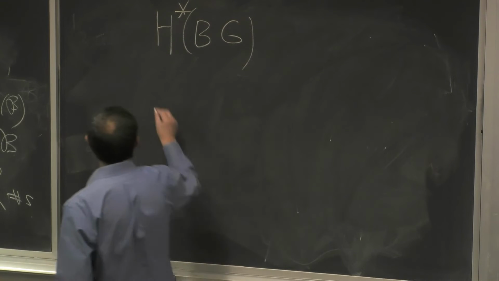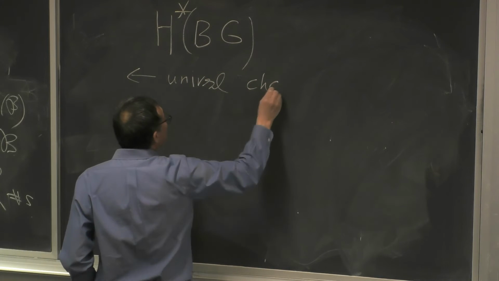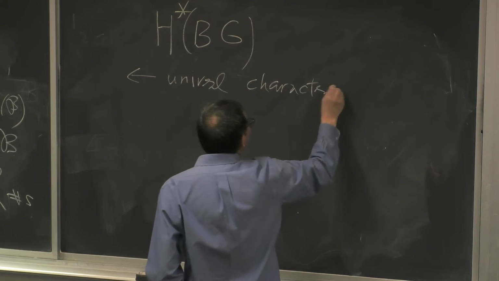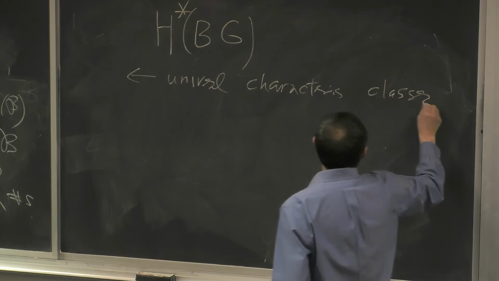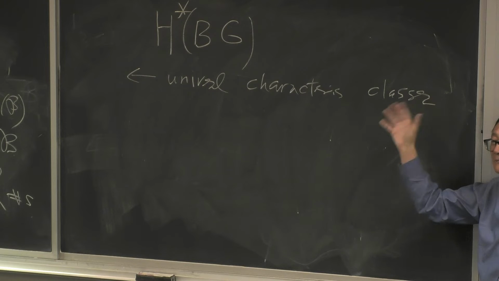This is called universal characteristic classes. All the things, LPT, SPT, are just a pullback of cohomology from here.